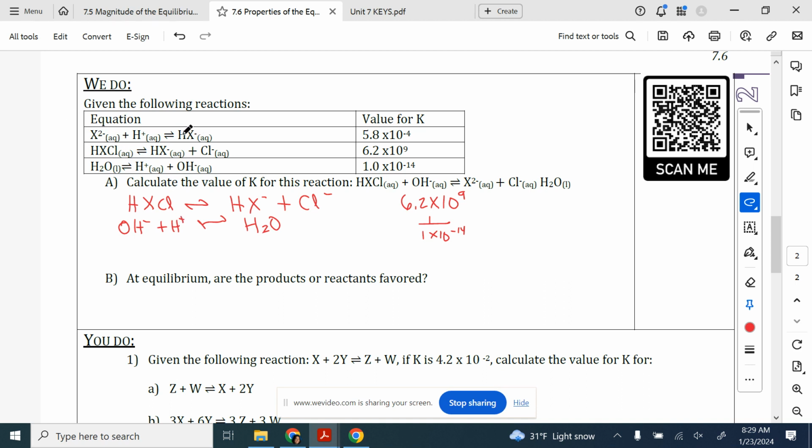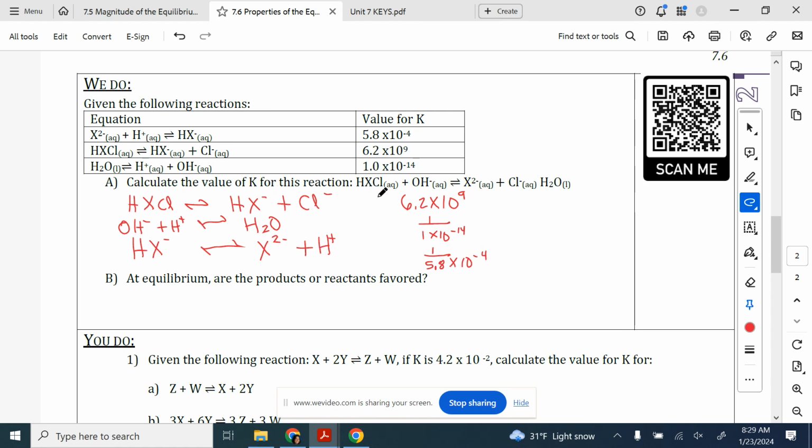So I'm going to flip this equation around as well. So I'm going to get HX minus, and over here I'm going to have X plus H plus. And again, if I do that, I've got to inverse that K value. So 1 over 5.8 times 10 to the minus 4.